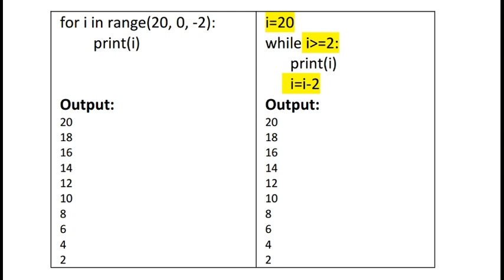So in the while loop we require 3 additional statements, but in the for loop, with the help of the range function, we can directly do it, and all the statements of the for loop will repeat a fixed number of times. But in the while loop we can mention these 3 statements, starting, condition checking and increment or decrement, separately.